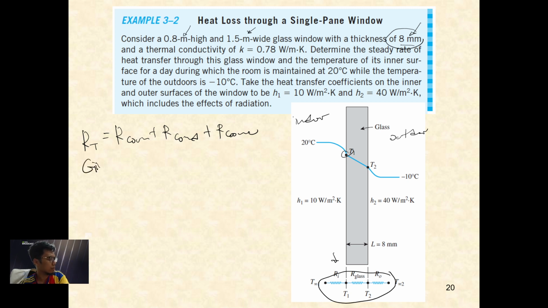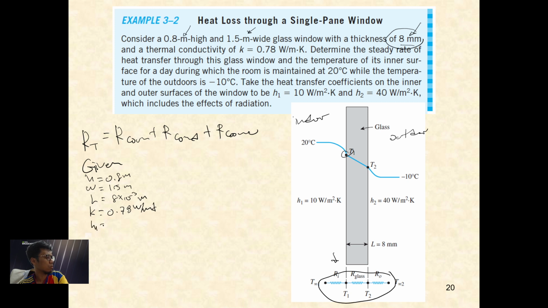Given: H 0.8, Y 1.5, write the units, thickness L 8 mm, 8 times 10 to the power of -3, convert it beforehand. Then conductivity given 0.78 watt per meter K. Then what else is given?